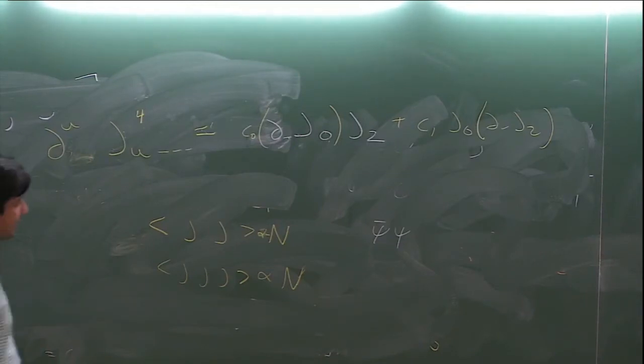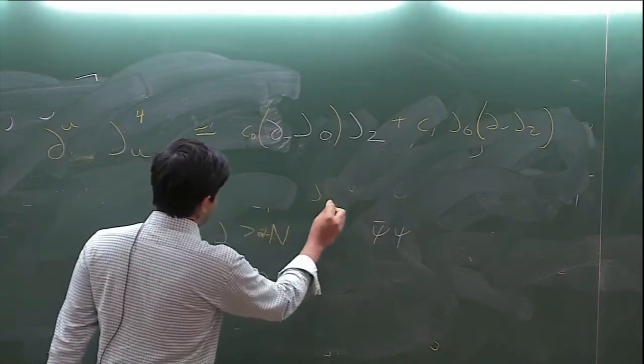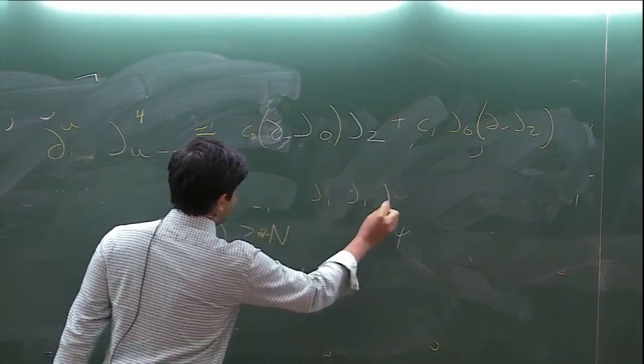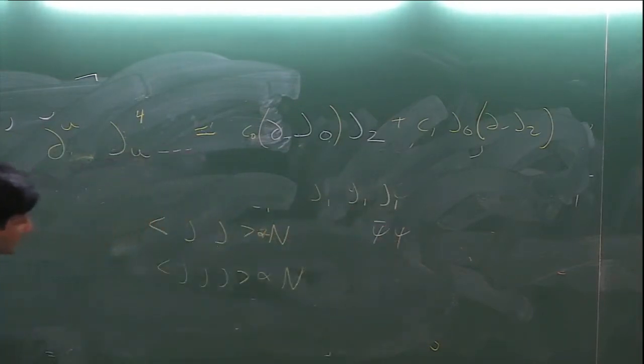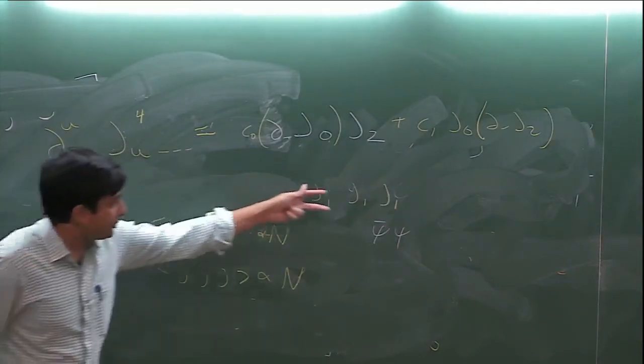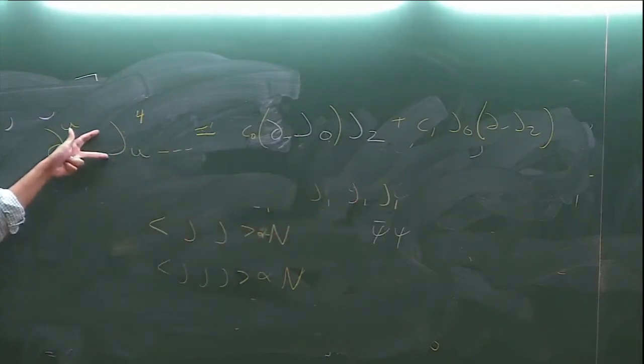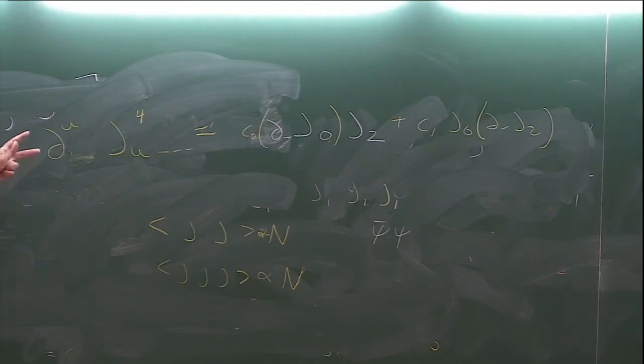For example, J1, J1, J1 can also appear on this side. You can't have any product of 4 operators because that would have twist at least 4, and we want this to have twist 3.